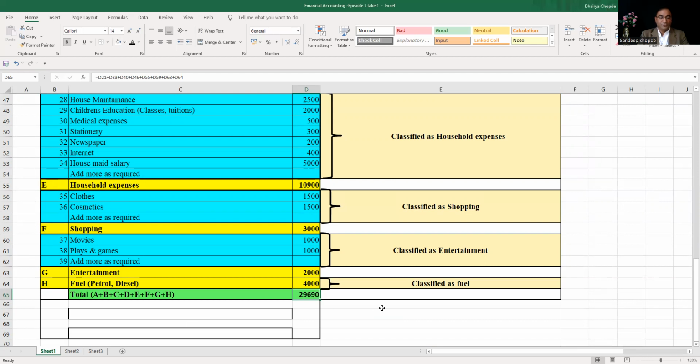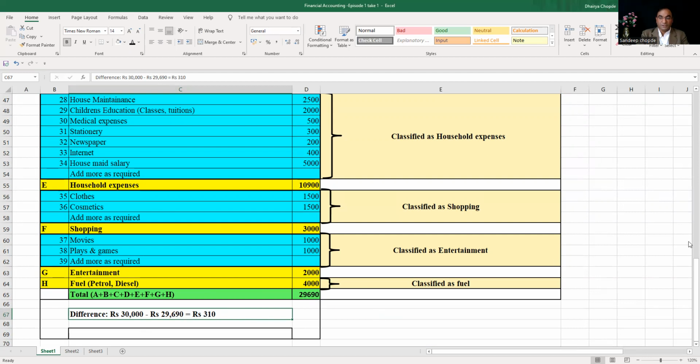So at the end of the month, I come to know that I started with rupees 30,000, but now my total expenditure is 29,690. So you would like to know how much you have spent and how much are your savings. You find the difference: you started with rupees 30,000, you have spent 29,690.